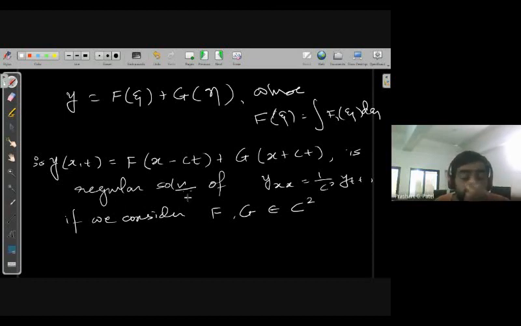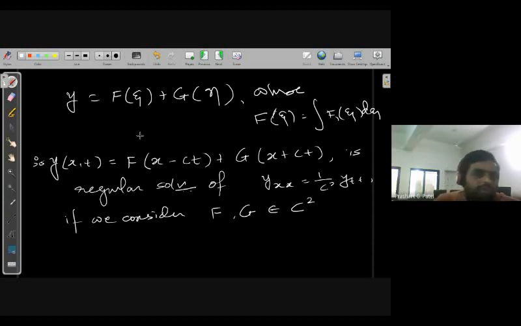And we'll now consider some initial conditions for this wave equation. That means initially we know that the string may be at some position at time t equal to 0, and at time t equal to 0 the velocity will be some function.